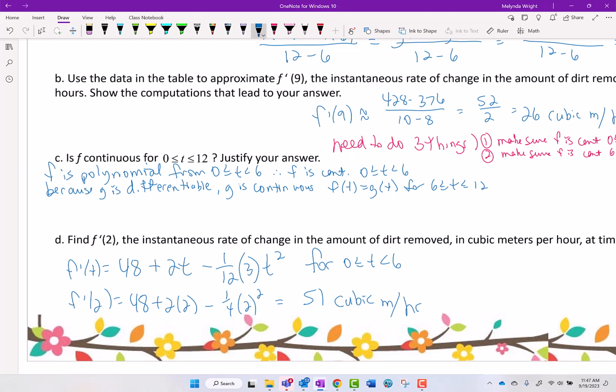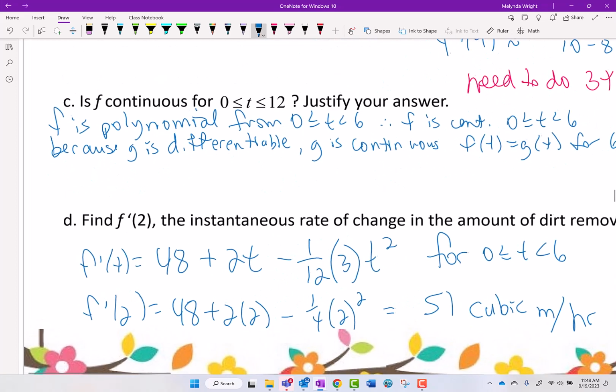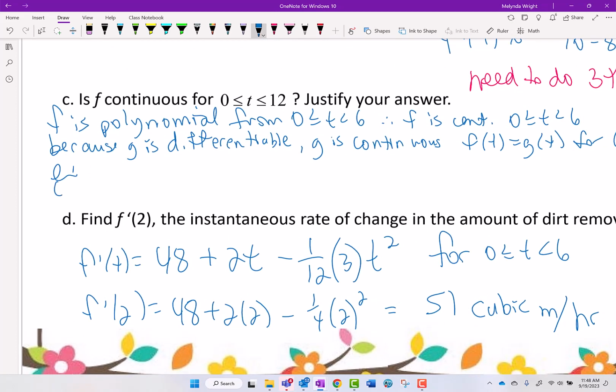Wonderful. The last part is to see if they are continuous, if they join correctly. Okay, that means we have to do one-sided limits. Y'all are like, this just keeps going on and on. When is this going to be over? Soon. Okay, so we've got to do the limit as t goes to 6 from the left of our function 48t plus t squared minus t cubed over 12.